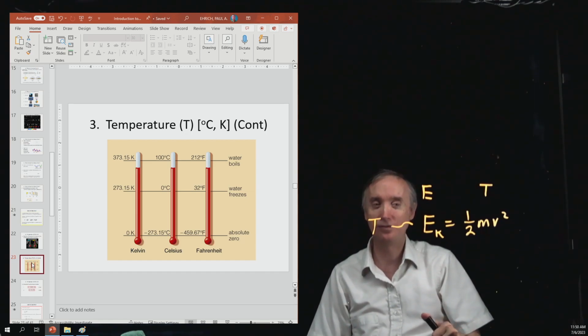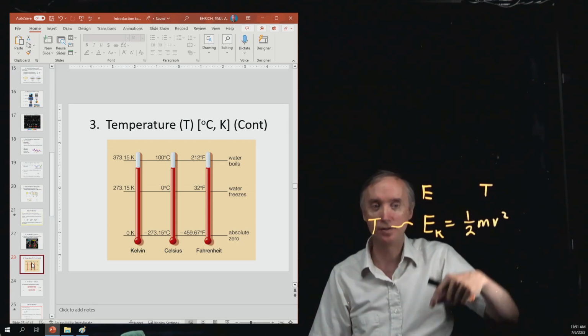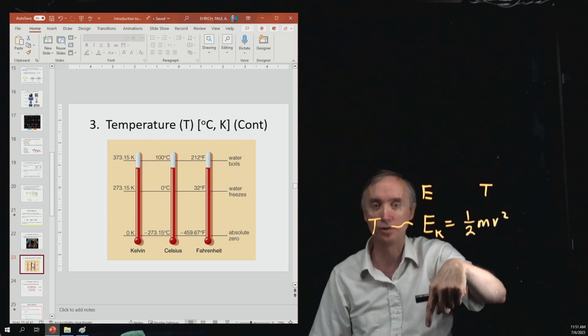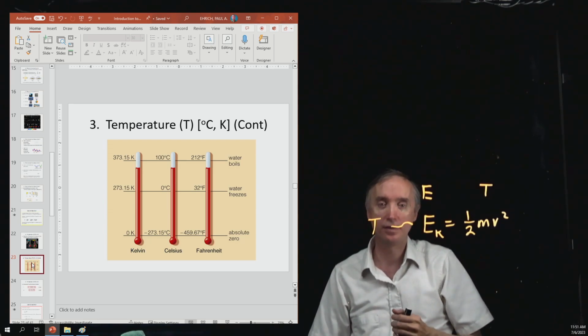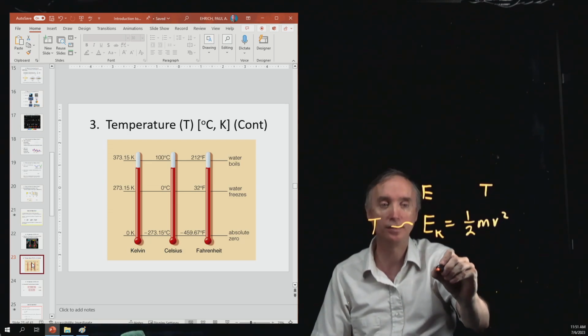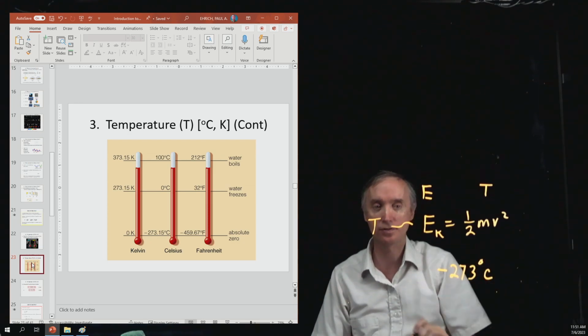But then they found out that you could make things colder than the freezing point of water. So they said, how low can you go? What is the absolute coldest something can possibly be? They found out that it was approximately negative 273 degrees Celsius.